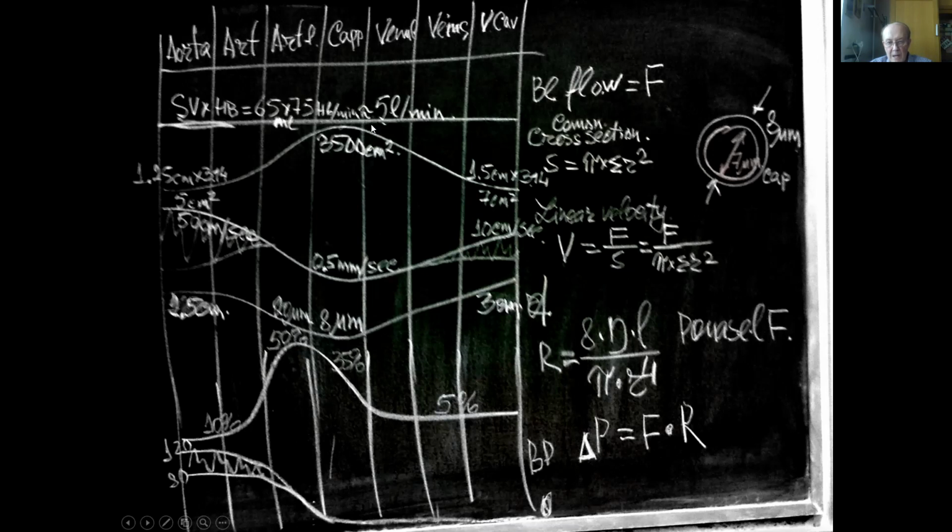The common cross-section decreases in the veins, it is maximum in the capillaries, and the blood linear velocity increases. But the blood pressure doesn't depend on the common cross-section. It depends only on the vascular resistance. The vascular resistance every time decreases the blood pressure.